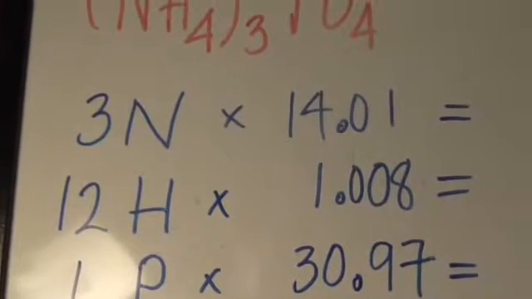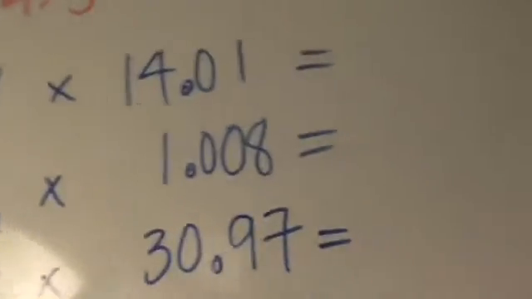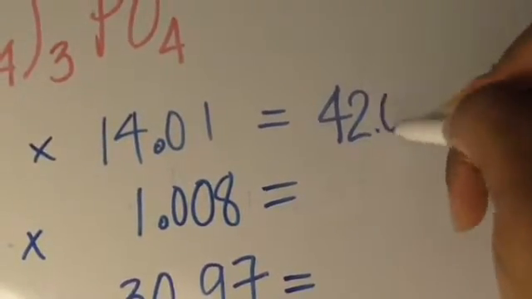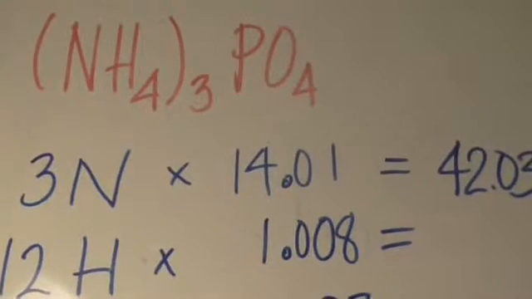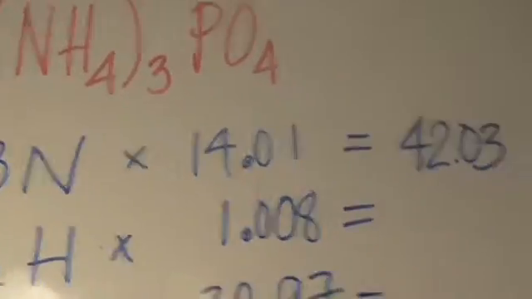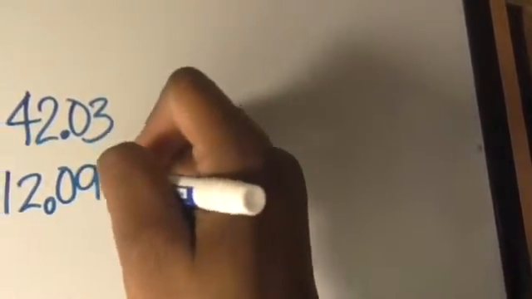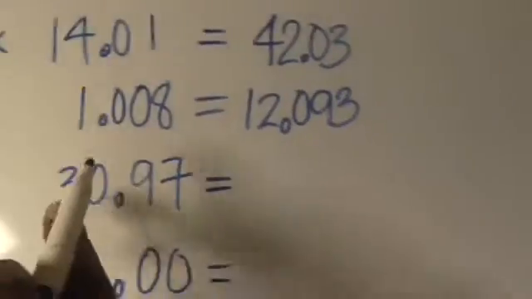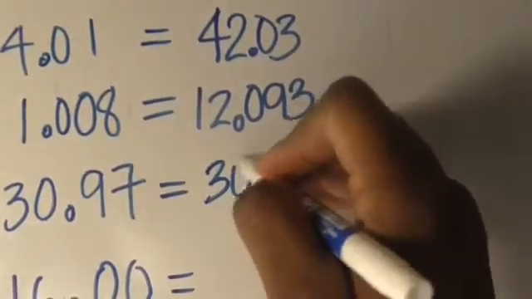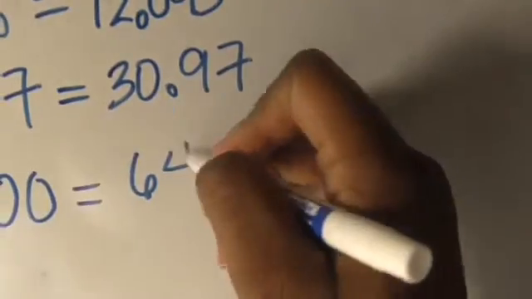So you have 3 times 14.01, and that is 42.03. 12 times 1.008, that's going to be equal to 12.093. 1 times 30, we can just keep that number the same without doing any crazy math. And then 4 times 16, many of you may know that that's 64.